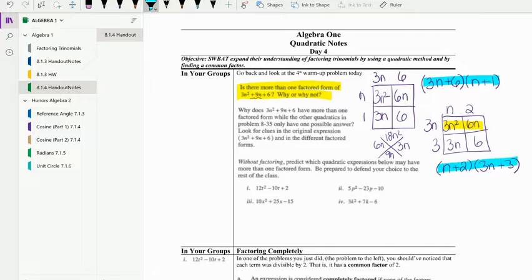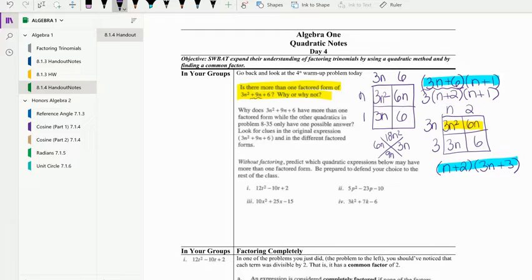So why are we getting two answers? Well, if you remember from the last time, it's because we could have taken out a GCF before we started. Looking at this binomial, for example, I could factor out a 3 from that. So when I do that, I would get 3 times n plus 2 times n plus 1.